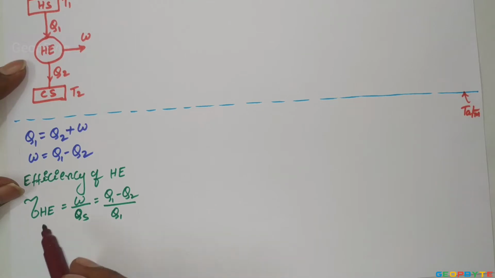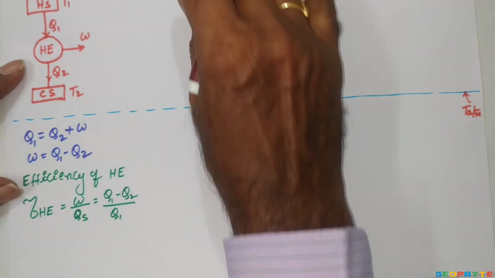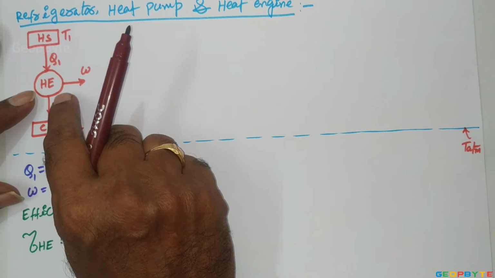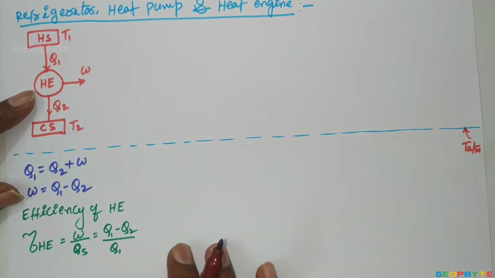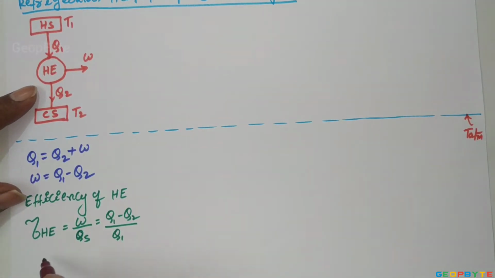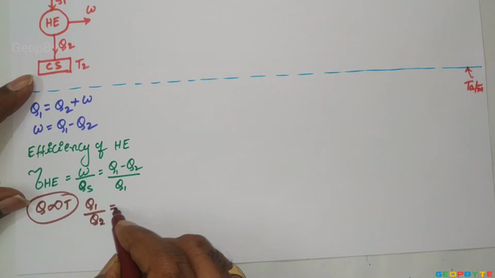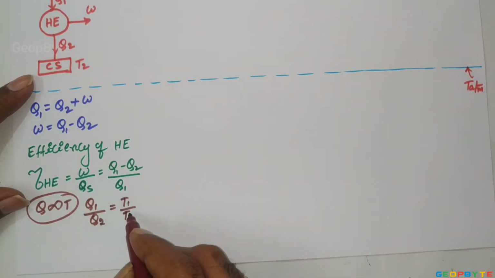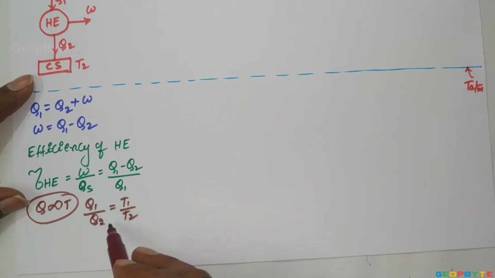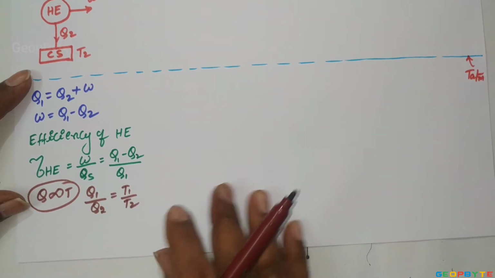As we know, for the heat engine working reversibly between two temperature limits, heat is proportional to temperature. Because we got the relation in the last video that Q1 by Q2 equals T1 by T2, or Q1 by T1 equals Q2 by T2.